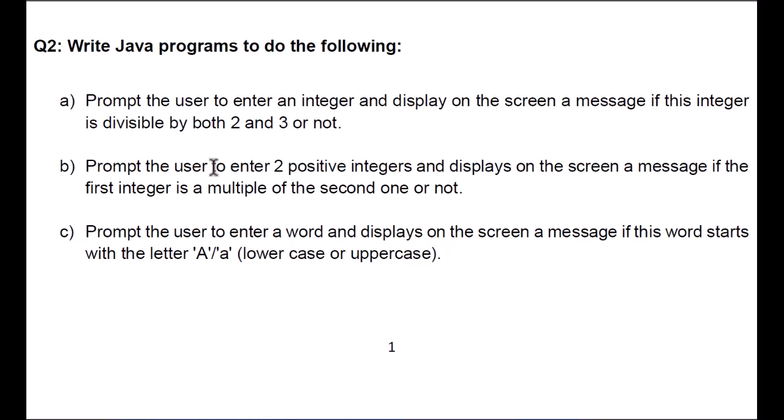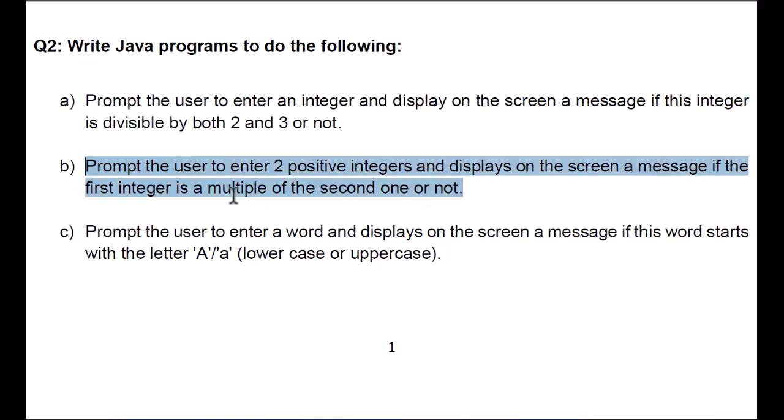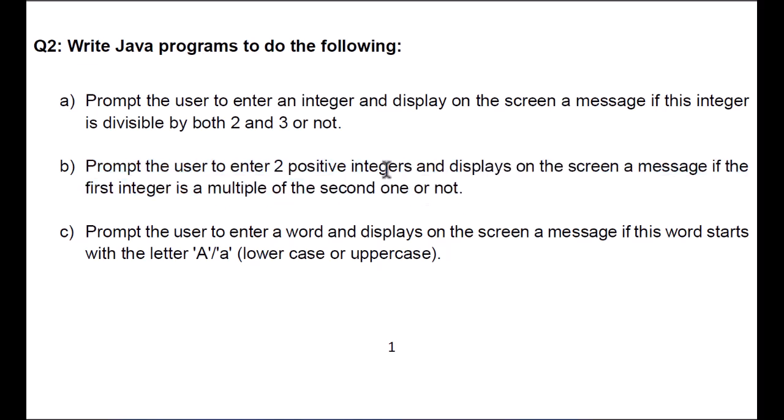Prompt the user to enter 2 positive integers and display on the screen a message if the first integer is a multiple of the second one. This means if you divided, do you get a 0 or not? Otherwise it's not a multiple. Okay, so I will do this number B.